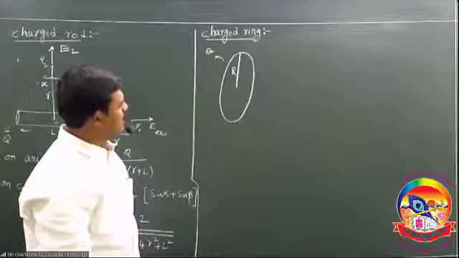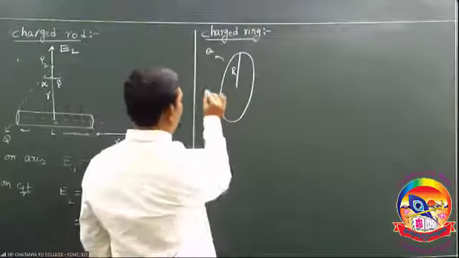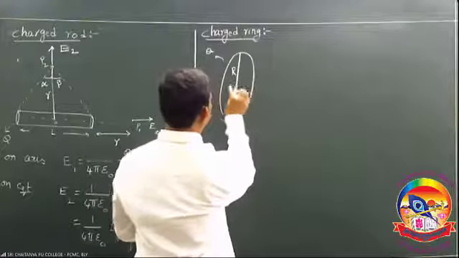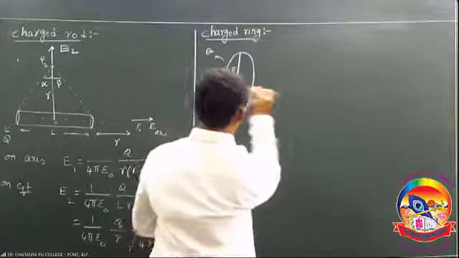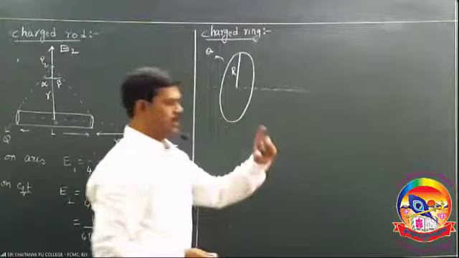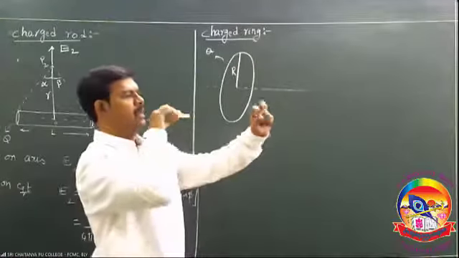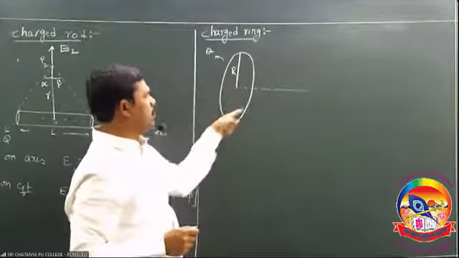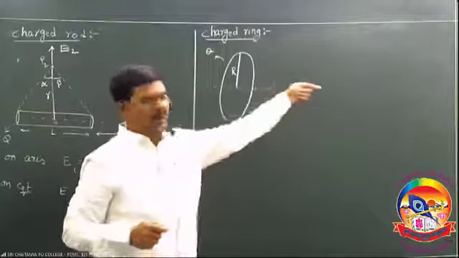The question asked is, along the axis of the ring, this is the axis of the ring. If this is a ring, then the axis is a line passing through the center perpendicular to its plane.